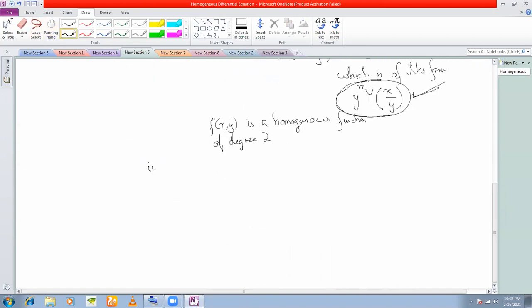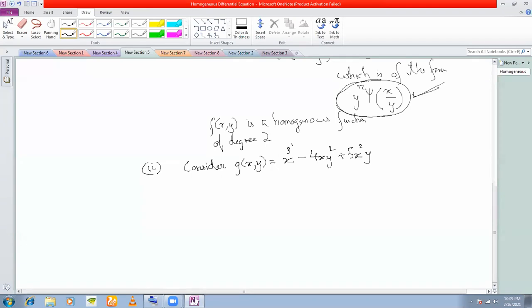Example number 2. Let us consider g(x,y), another function, as let's say the function is x cube minus 4xy square plus 5x square y. Now I want to check whether this function is homogeneous.